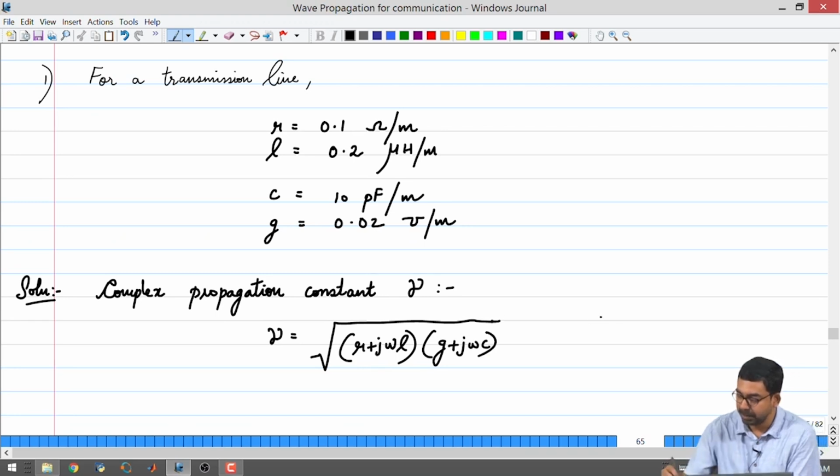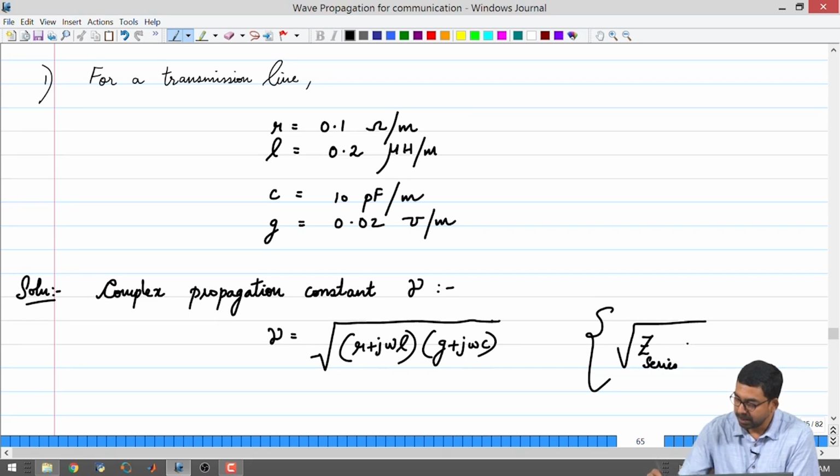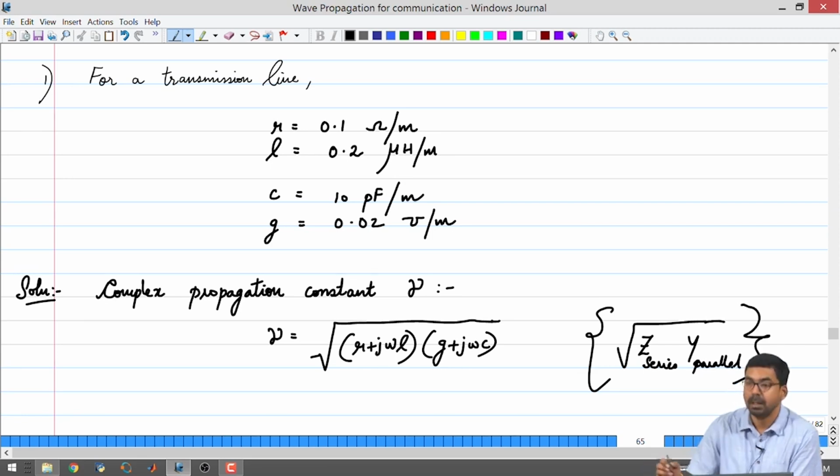Another way to remember this, which will be useful for the later part, is the square root of the series impedance multiplied by the parallel admittance of your equivalent circuit. In this case R and L will be in series, G and C will be in parallel. This means that in order to calculate gamma, I need one more parameter, which is omega. I need to know the omega values for calculating gamma.